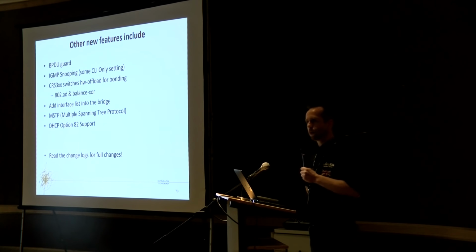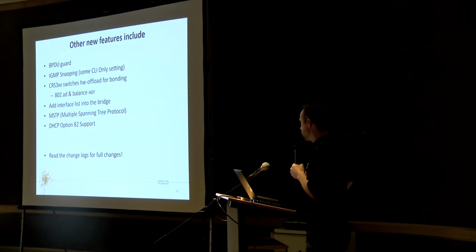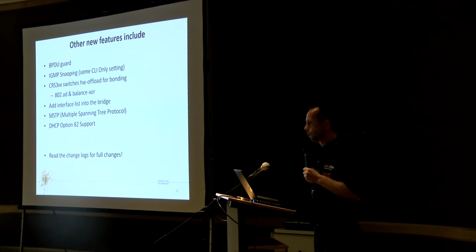When you look at the release notes and see the new features, when they first bring a feature out, it is more than commonly CLI only, not in Winbox, so you won't necessarily spot them straight away. The 300 series switch also now supports hardware offloading for bonding, 802.3ad, there's a typo there, and balance-xor.